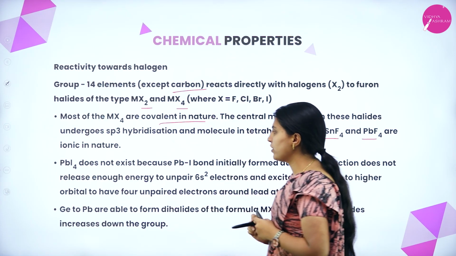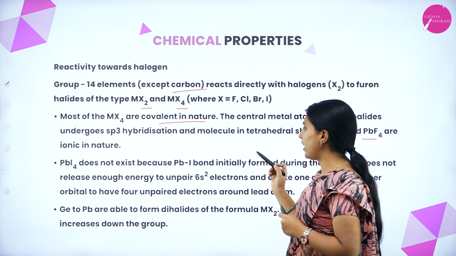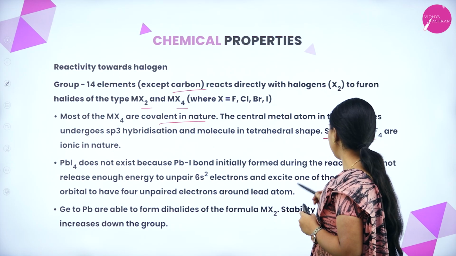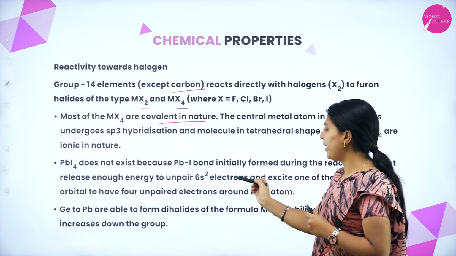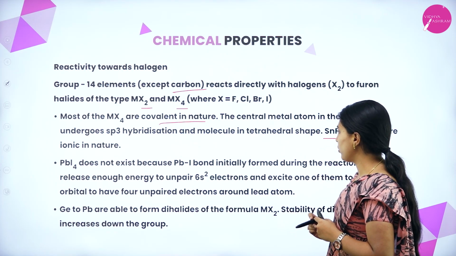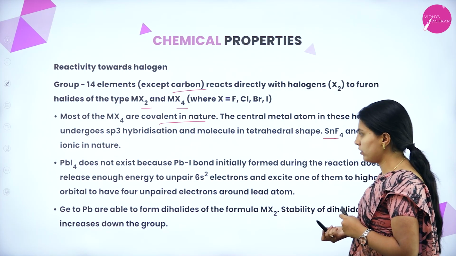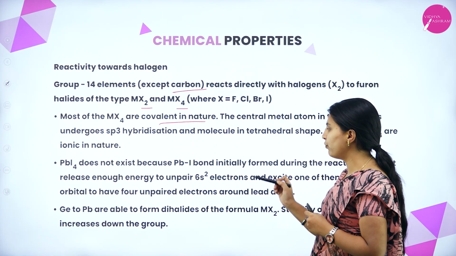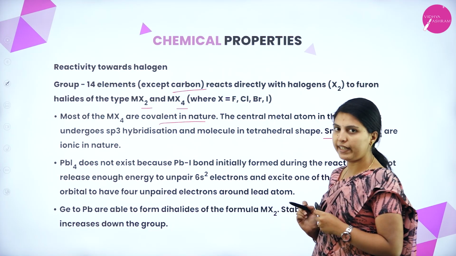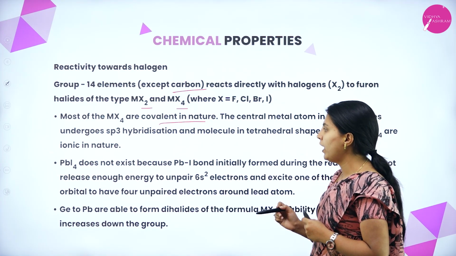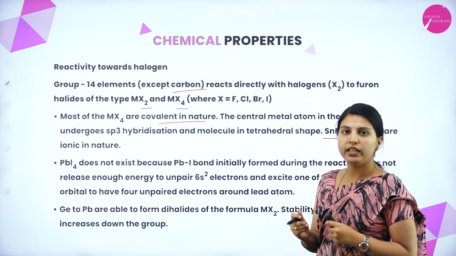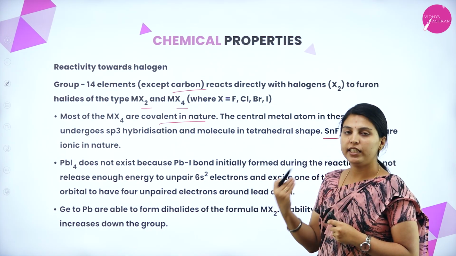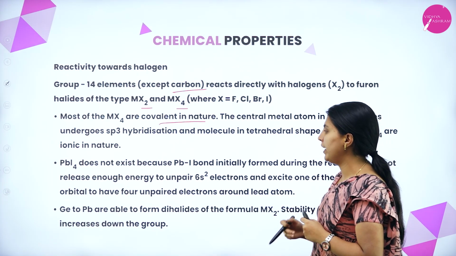Lead iodide does not exist because the lead-iodine bond initially formed during the reaction does not release enough energy to unpair the 6s2 electrons and excite one of them to a higher orbital to have 4 unpaired electrons around the lead atom. Usually lead iodide does not form because the bond is not initially formed; it needs to release an enormous amount of energy.